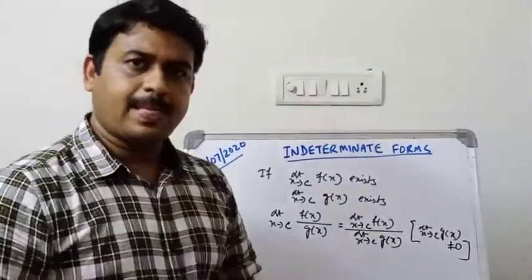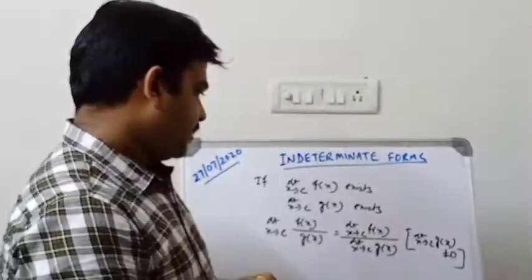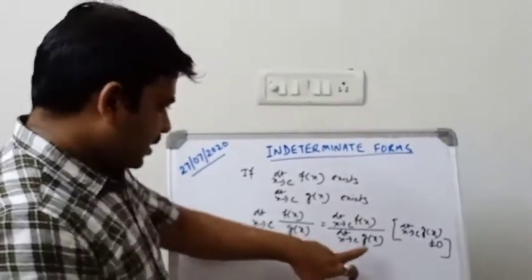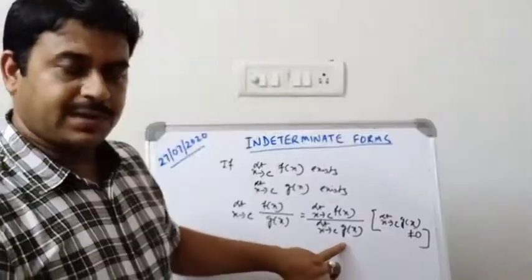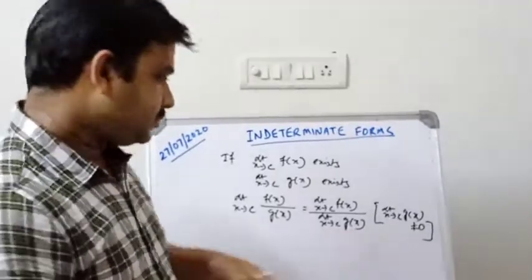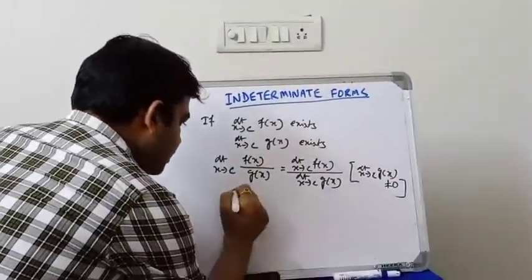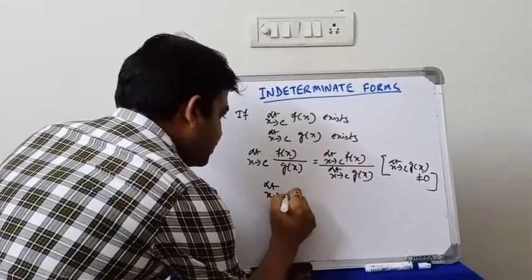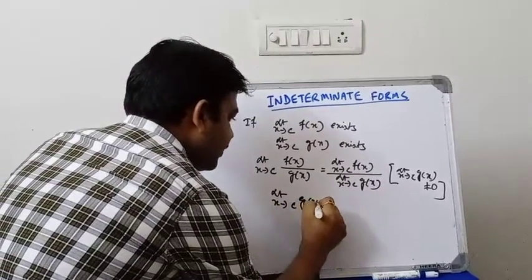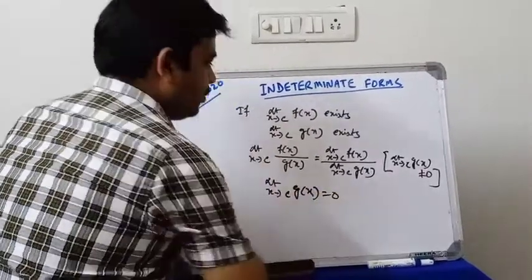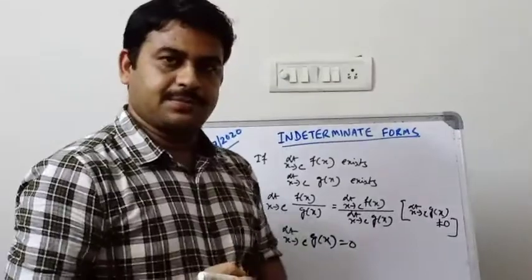Okay. Now the question is, if the denominator part is coming 0, what will we do at that time? That means if limit x tends to c, g of x is coming 0, then how do we solve this sum?